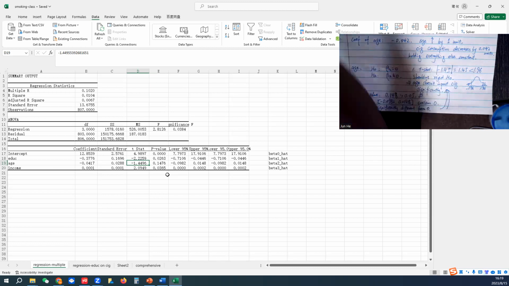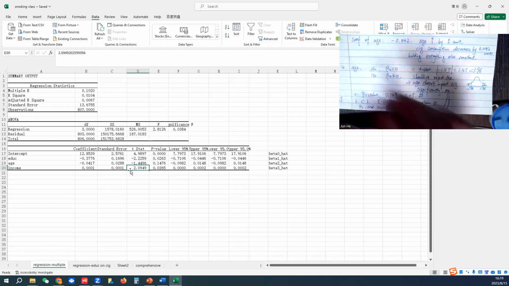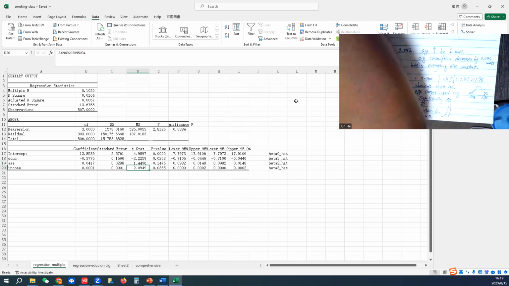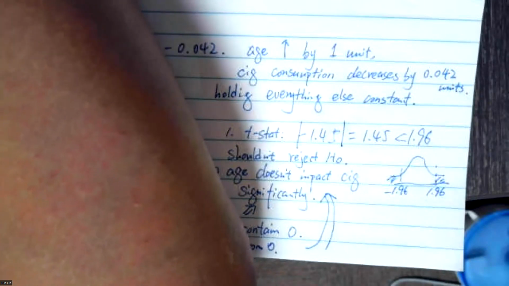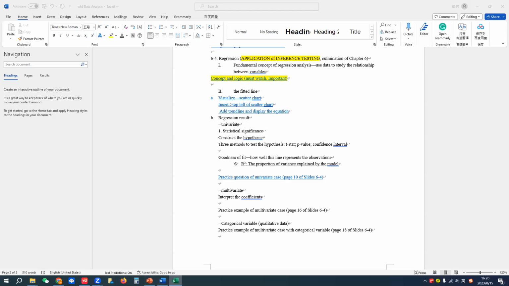And here for income, let me just quickly verbally illustrate income in this case. The t-stat is higher than 1.96. The p-value is smaller than 0.05. And the confidence interval supposedly doesn't include 0. It's very close to 0, but still not include.